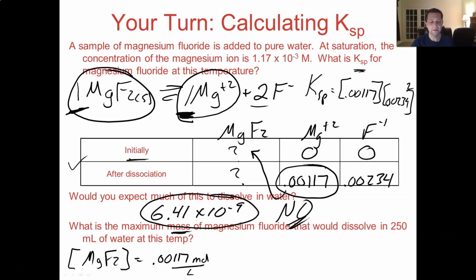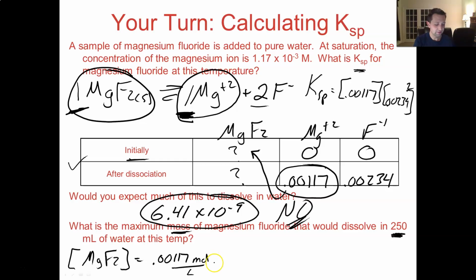Take a second to wrap this up. Convert that into grams of magnesium fluoride. Then convert that into moles of magnesium fluoride because you have a 250 milliliter solution. So use your molarity calculations to get number of moles. Then convert moles into grams. Let's see what we end up with.